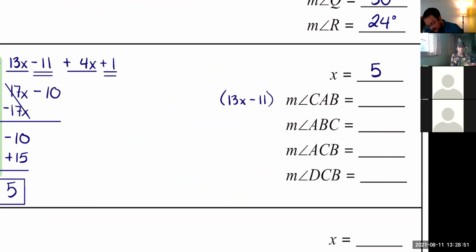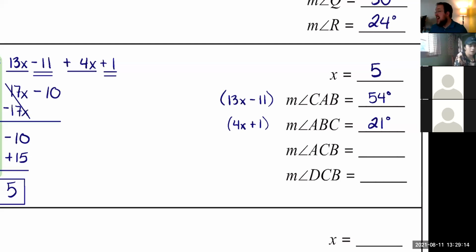Minus 11 is 54. Angle ABC, that was our 4x plus 1. So 5 times 4 is 20 plus 1 is 21 degrees.